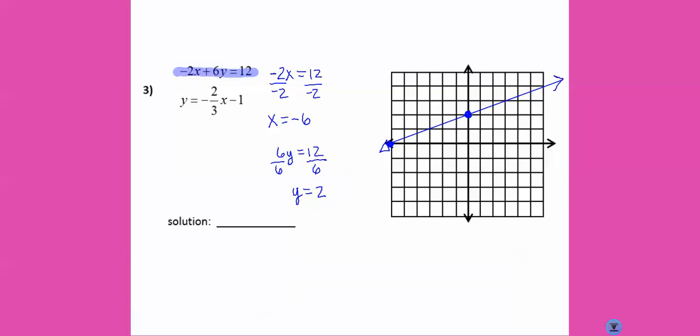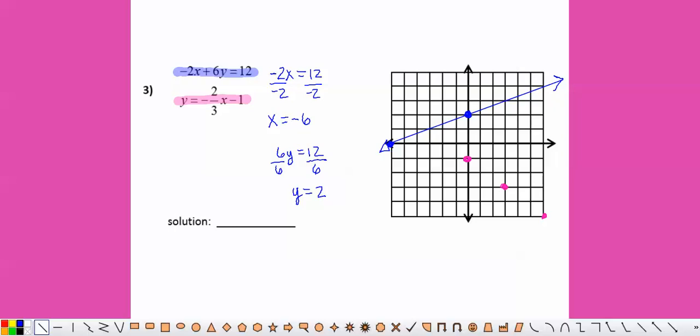And now I can graph my second line. I'm going to start at my y-intercept of -1. And my slope is -2/3, so I'm going to go down 2 and right 3. Down 2, right 3.